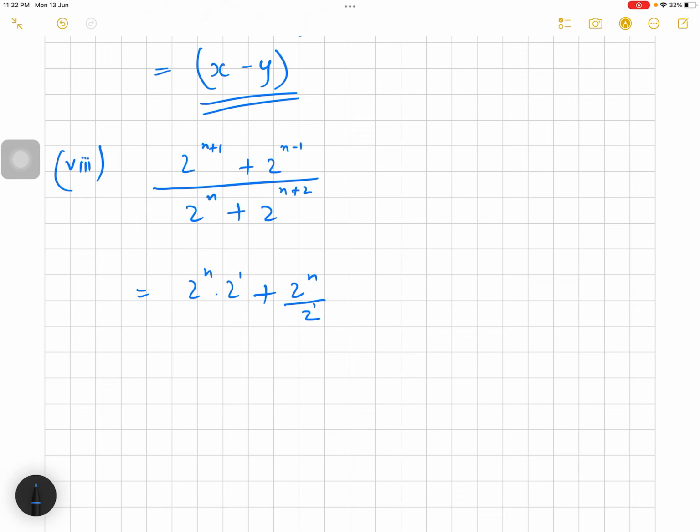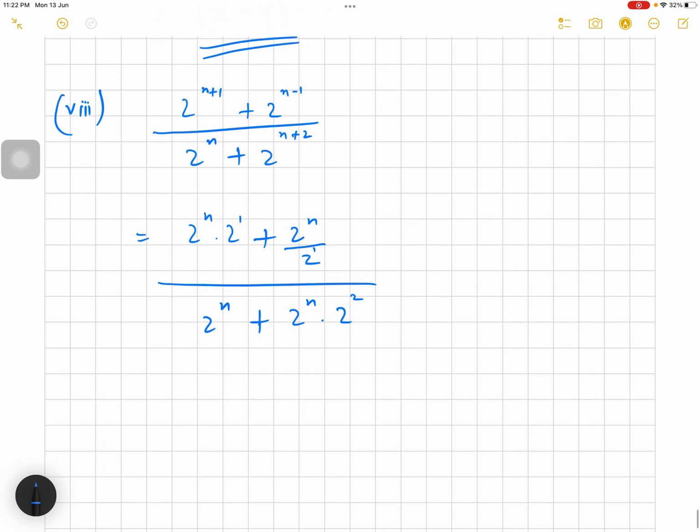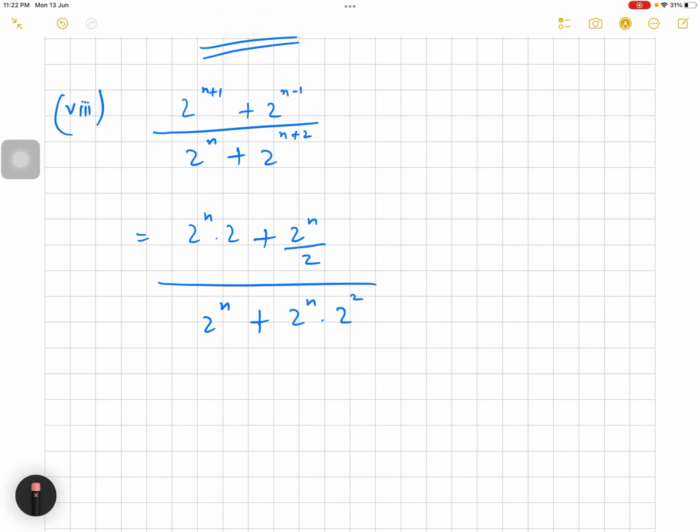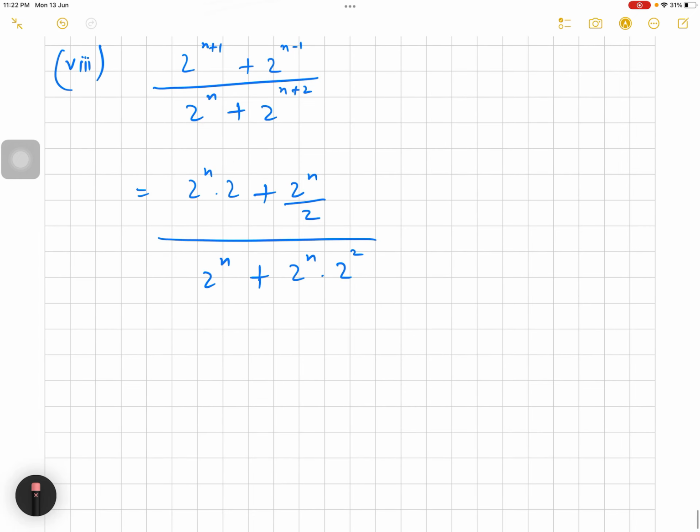Okay? Upon 2 raised to n plus 2 raised to n into 2 raised to 2. Okay, raised to 1, I don't need to write it. 2 raised to 1 is the same, right?